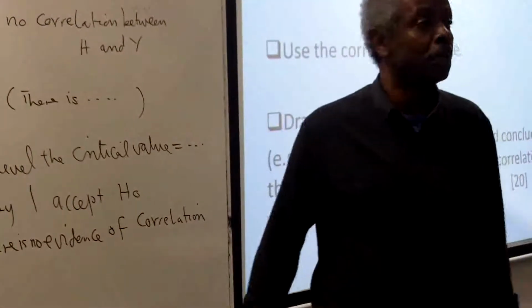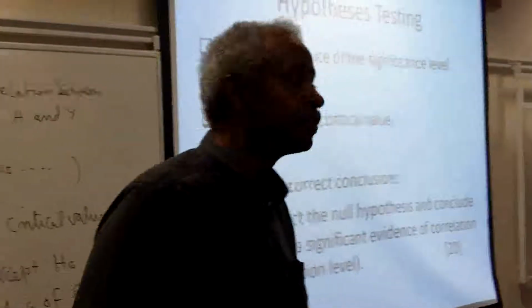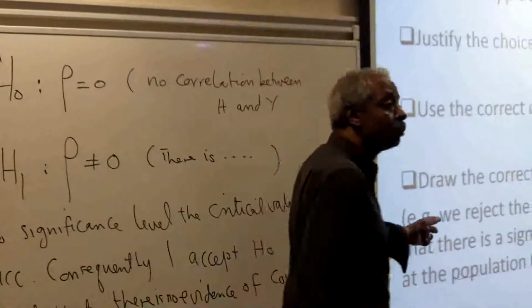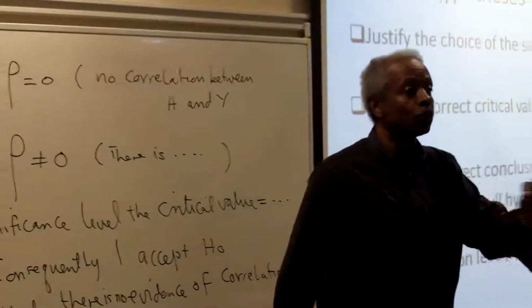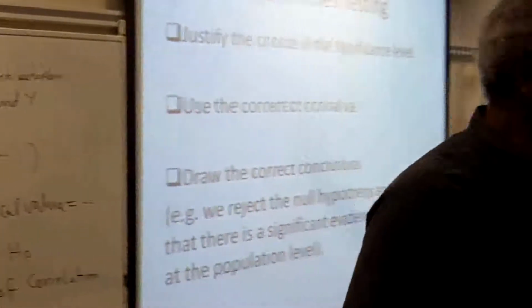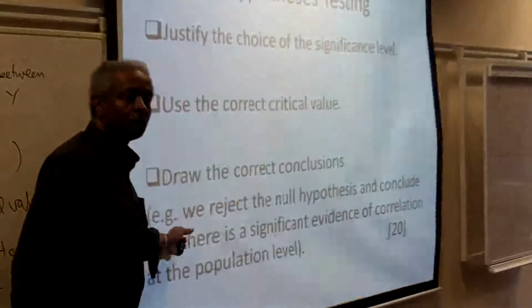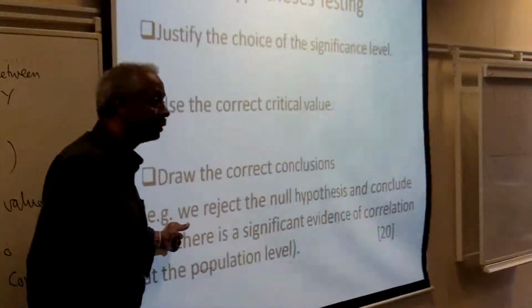This is actually the main section in the coursework as far as correlation is concerned, because this is the point at which you decide whether there is evidence of correlation or not. That is the main question in the coursework: is there correlation or is there not? And this is when the decision on the main part of the coursework is made.